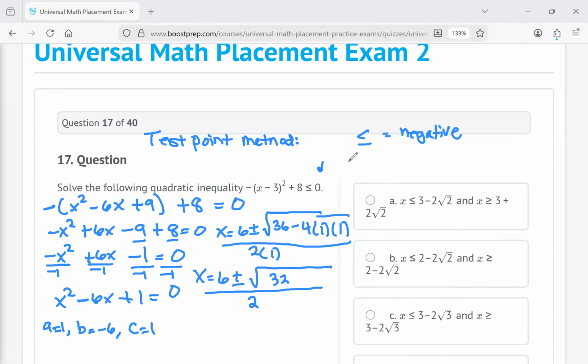Then let's simplify radical 32. That can be simplified as 8 and 4, and then 4 could be broken down as 2 and 2. And then 8 could be broken down as 2 and 4, and 4 broken down as 2 and 2. So this is a pair of 2, so that's 2, and then this is a pair of 2. So that's 4 radical 2.